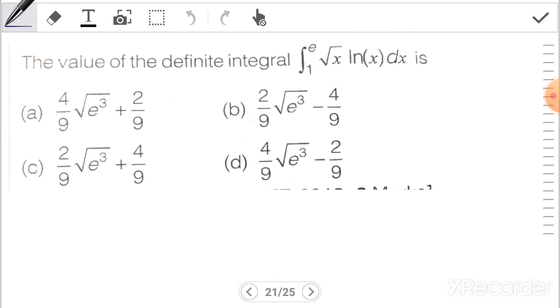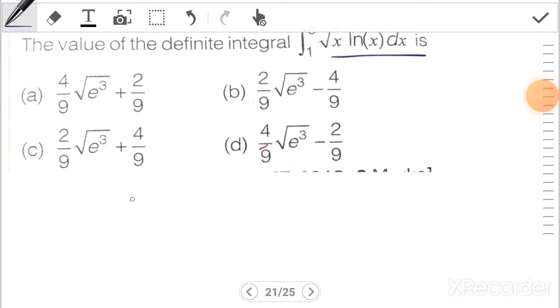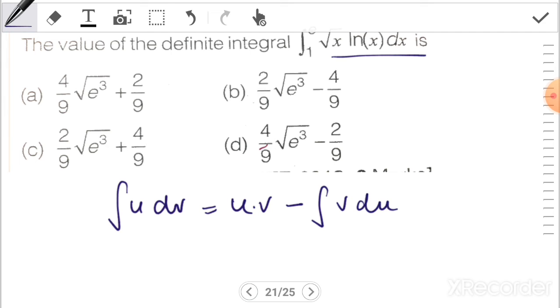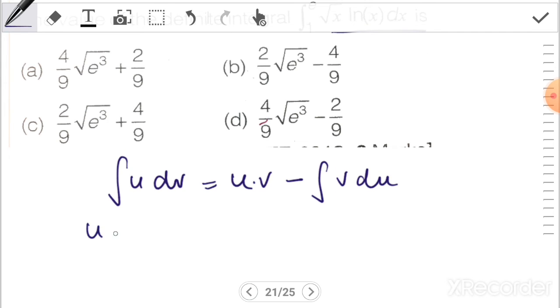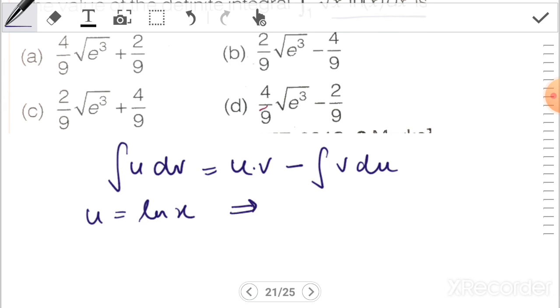Let us go to the next problem. The value of the definite integral of root x log x dx is. We know that integral u dv is equal to u into v minus integral v du. Now let us put u as ln x, that will give du as 1 by x dx.